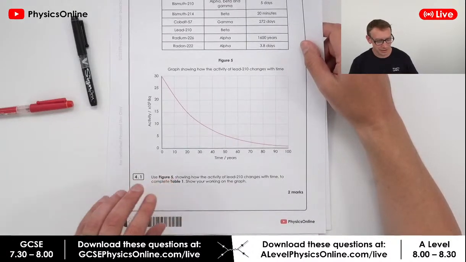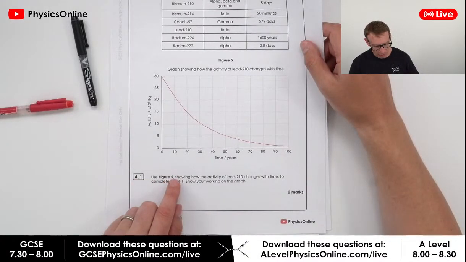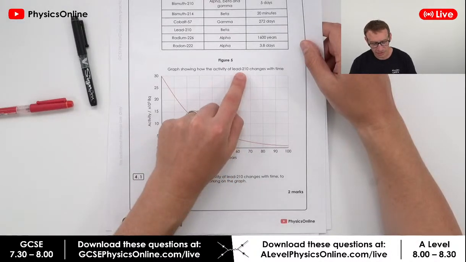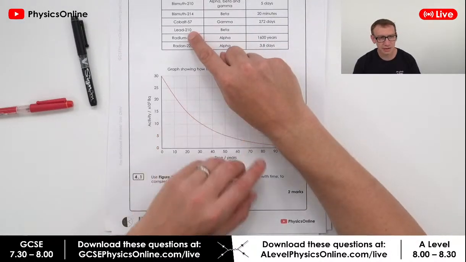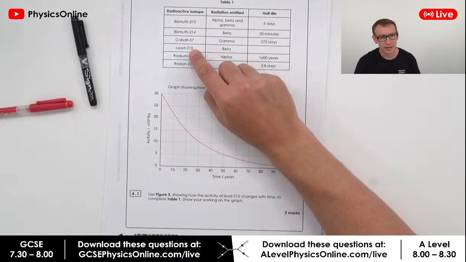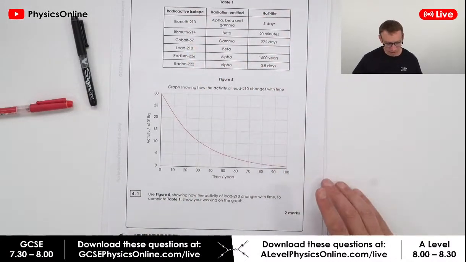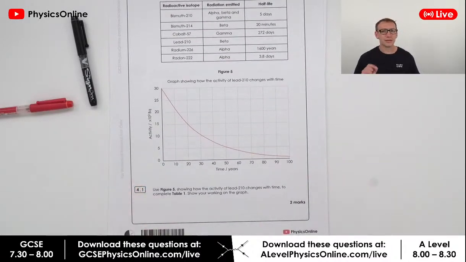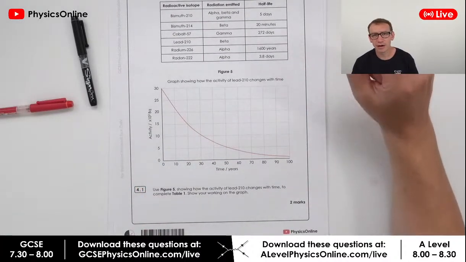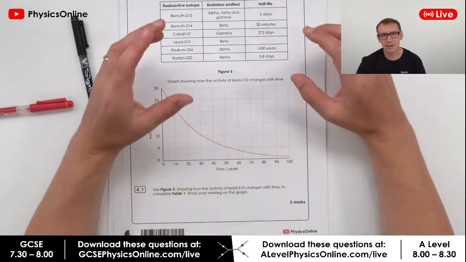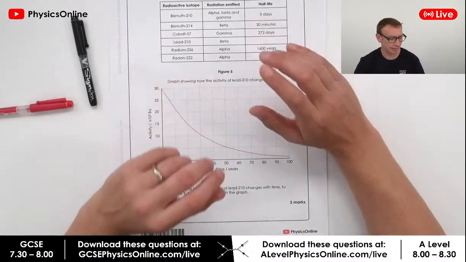Danielle, yeah, half-life is a bit confusing. The first thing we need to do is work out the half-life of this particular thing. Now, this is lead-210. 210 just refers to the isotope of lead that this one happens to be. To work out the half-life, this is simply the time it takes for half of that sample to decay, or the time it takes for the activity to drop to half of its original level.